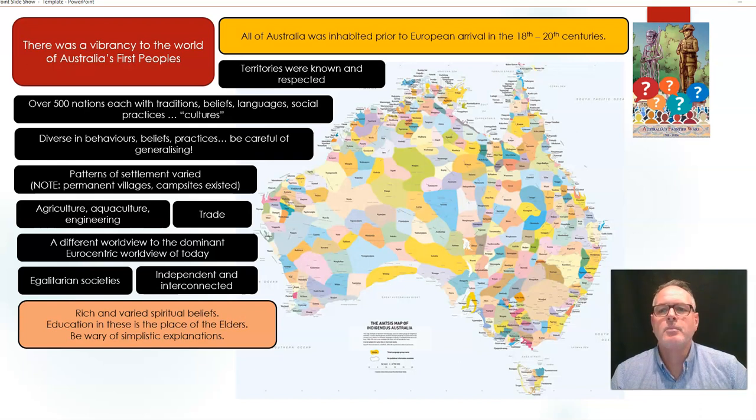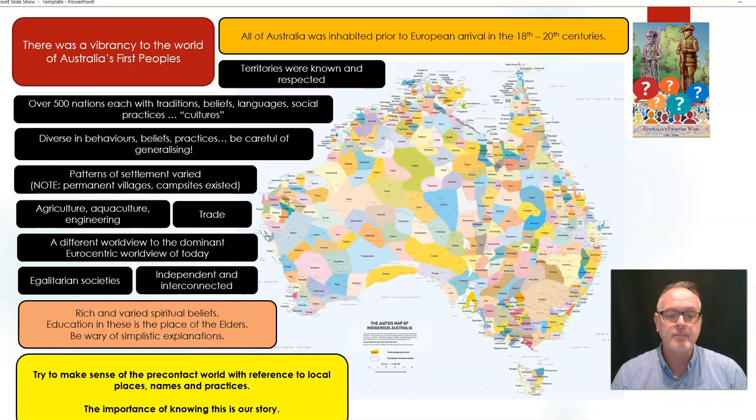The beliefs that we have to be very, very careful about, and it's really the place of the elders to teach those beliefs, rather than Westerners such as myself, or perhaps when I was an RE teacher and I was expected to teach these beliefs, I never really dealt with them justly, I don't think. This is the place of the elders to teach. Be very wary when you run across people talking about Indigenous beliefs of simplistic explanations.